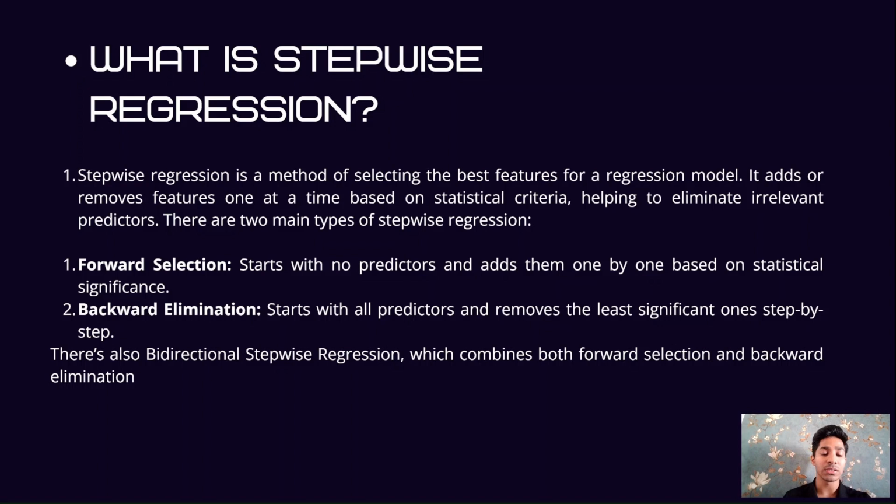In forward selection, we start with no predictors and add them one by one based on their statistical significance. The second type is backward elimination, which starts with all predictors and removes the least significant ones step by step. There is also bidirectional stepwise regression, which combines both forward selection and backward elimination.